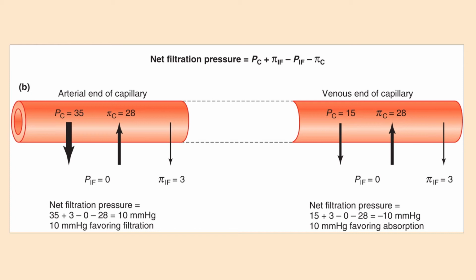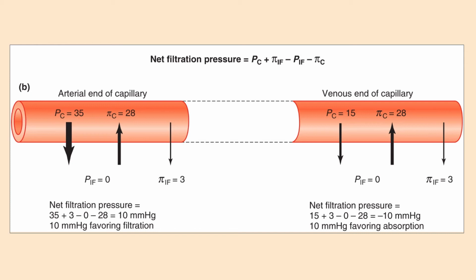It's 10 millimeters of mercury. Because this is a positive value, it tells us that for this point along the capillary, we have a net filtration pressure that indicates filtration is happening. So more fluid is leaving the capillary than is entering the capillary.